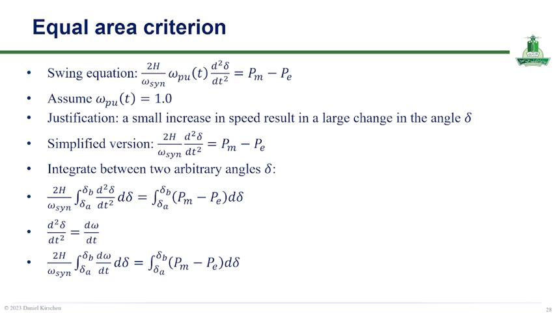So this leads to the fundamental idea of the equal area criterion. The system remains stable if the accelerating energy equals the decelerating energy over the swing, which can be evaluated graphically using power angle curves.